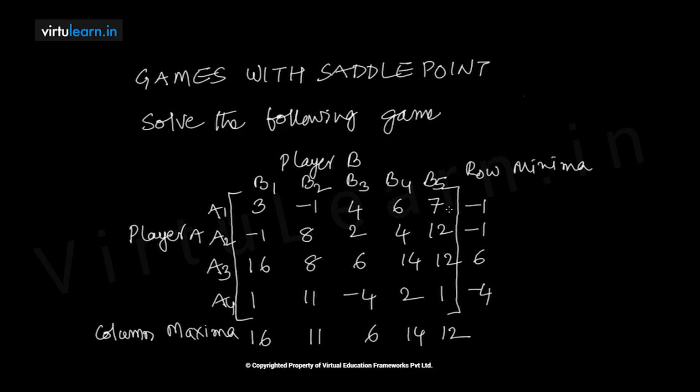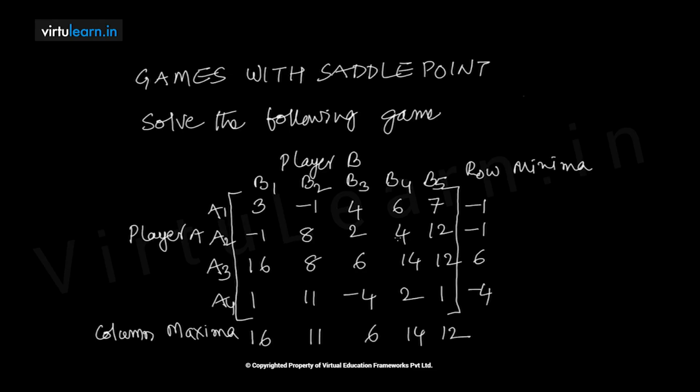Now, player A wants to choose a strategy which will give the maximum gain out of the minimum gains. That is the reason the row minima is written. A wants to know the minimum gain that he can get whatever strategy player B chooses, because B's strategies are never under the control of player A. Player A has control over his strategies, whereas player B has control over his strategies.